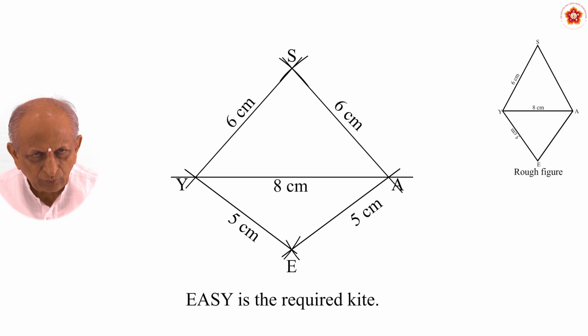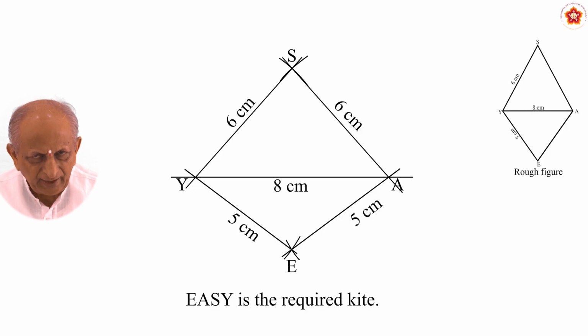Correct? Now, what are the properties we used here? They are asking to write the properties. One property is that the adjacent sides are equal. What are the adjacent sides here? EY and AE. They are equal to 5 centimeters. Similarly, SY and AS, they are equal.